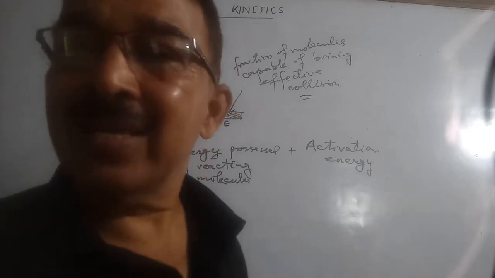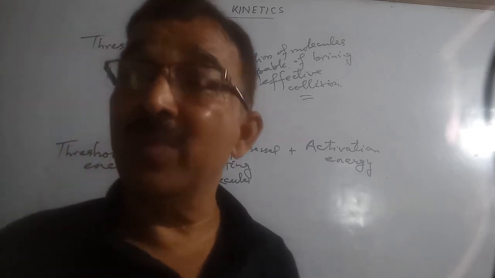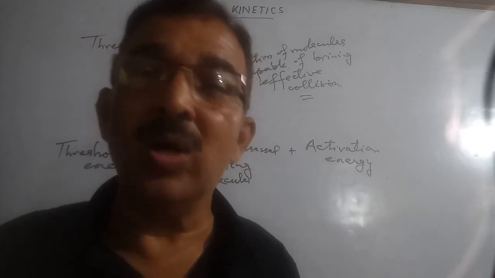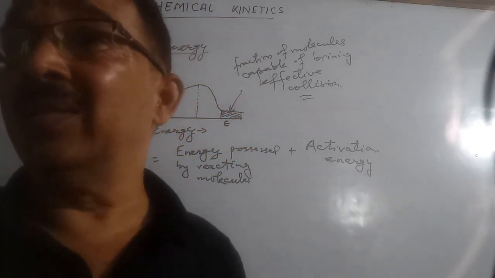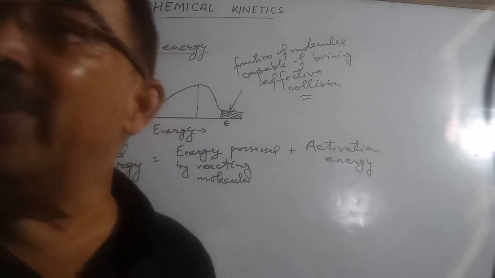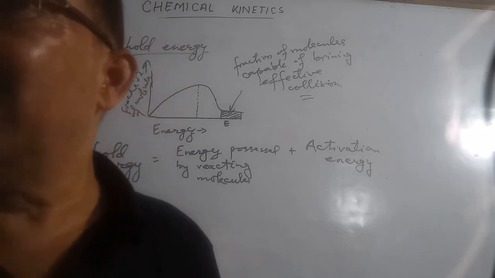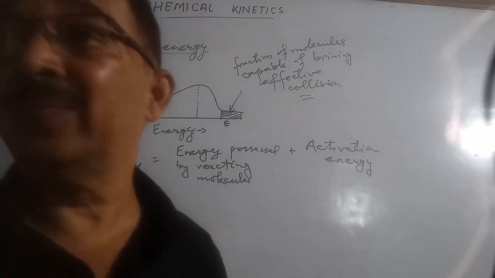Let us take an example of formation of methyl alcohol, that is methanol, on reacting bromomethane and OH minus.